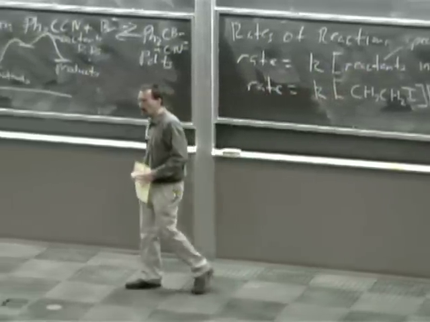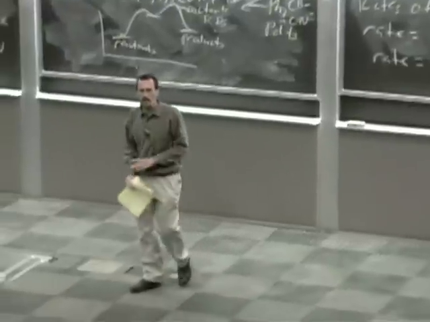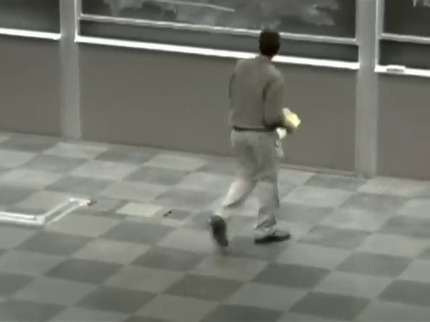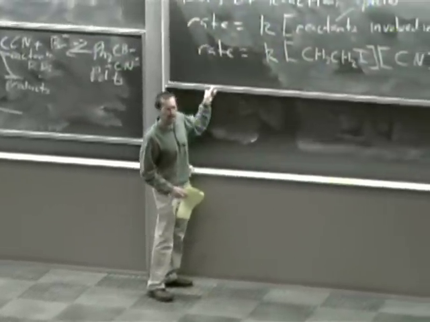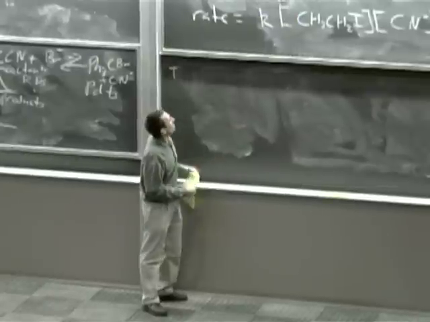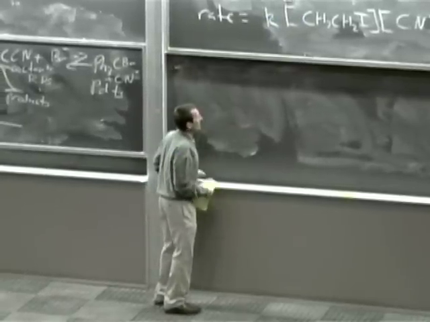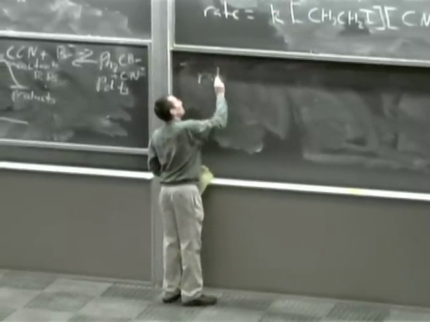But now let's take a look in comparison of the reaction of bromotriphenylmethane with cyanide. In the case of bromotriphenylmethane, the rate determining step is the first step. The rate of that reaction is very different.